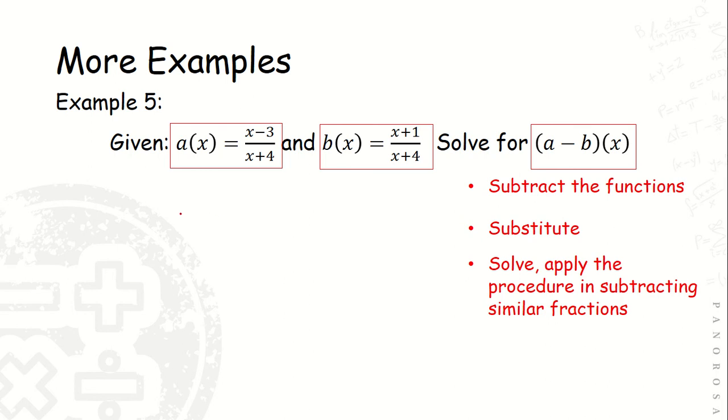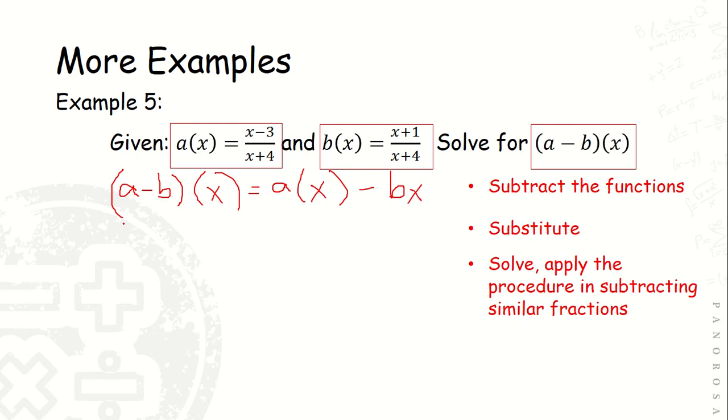So we have here a minus b of x is equal to a of x minus b of x.